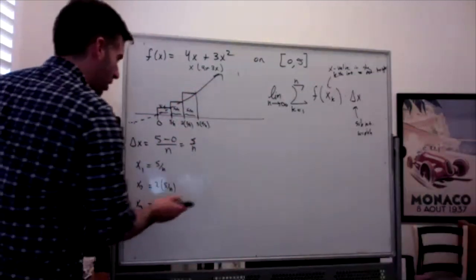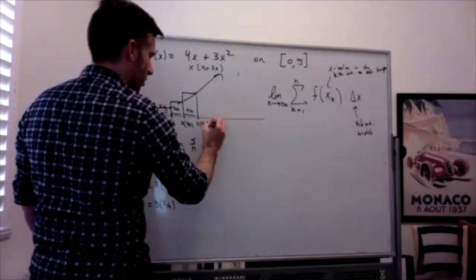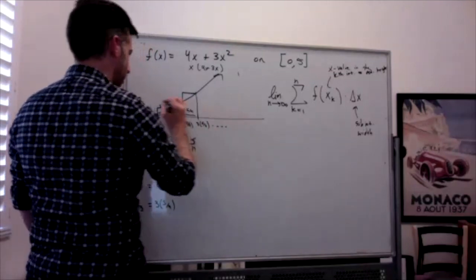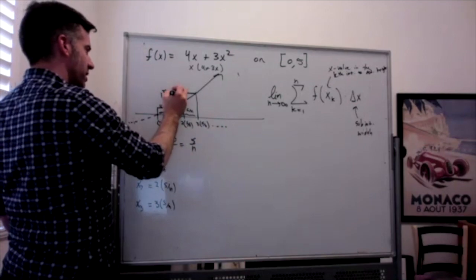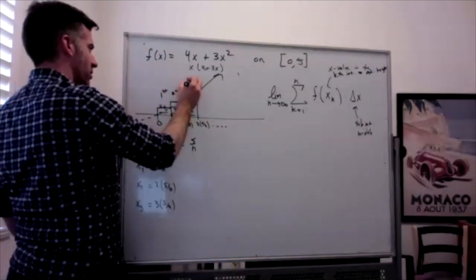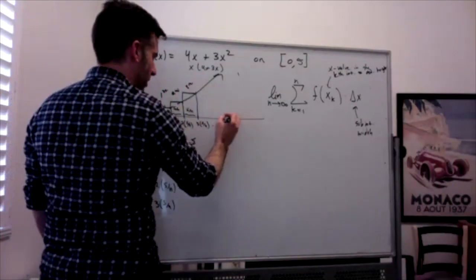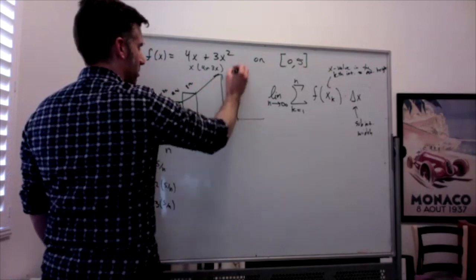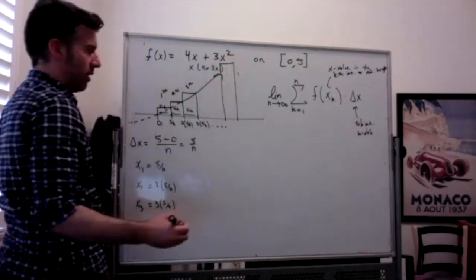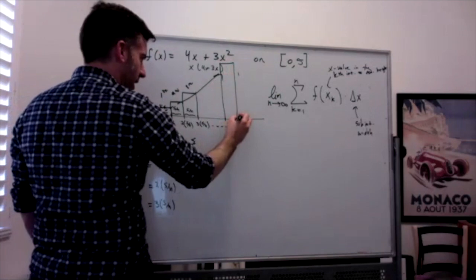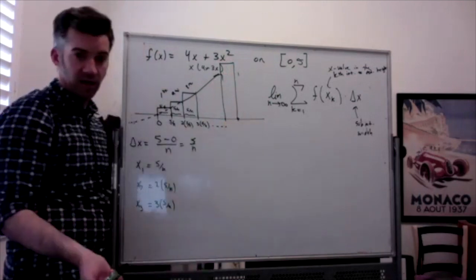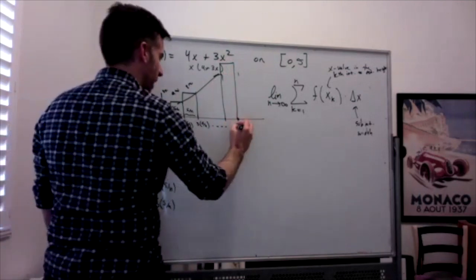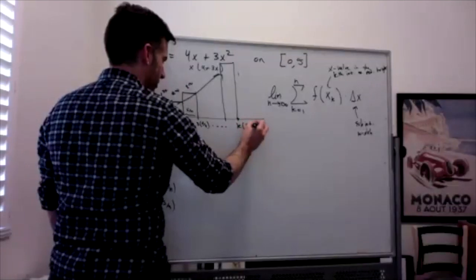For the kth subinterval, the right-hand endpoint is k times 5 over n.